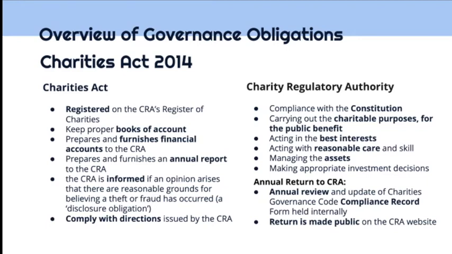When you are registered with the CRA, you must make an annual return. I know one of you mentioned the charity's governance code, and that's part of your annual return. You must review your charity's governance code and submit your compliance record annually, and that record is then made public on the CRA's website.